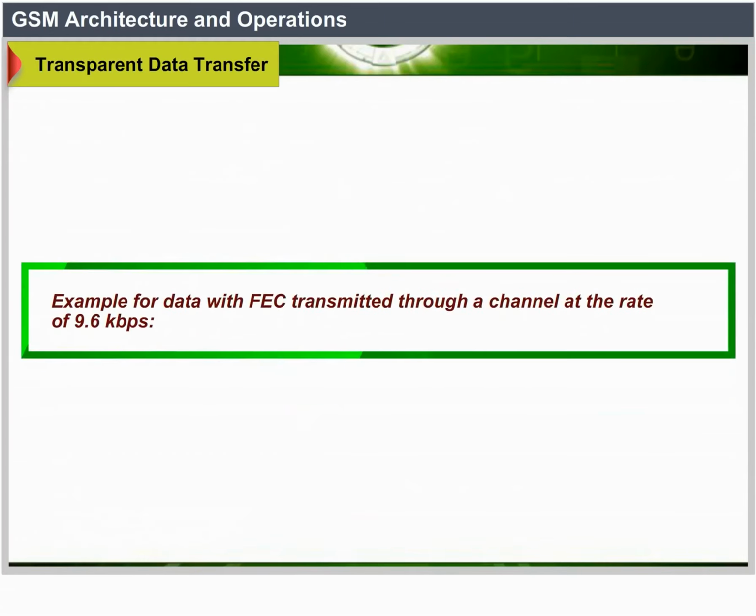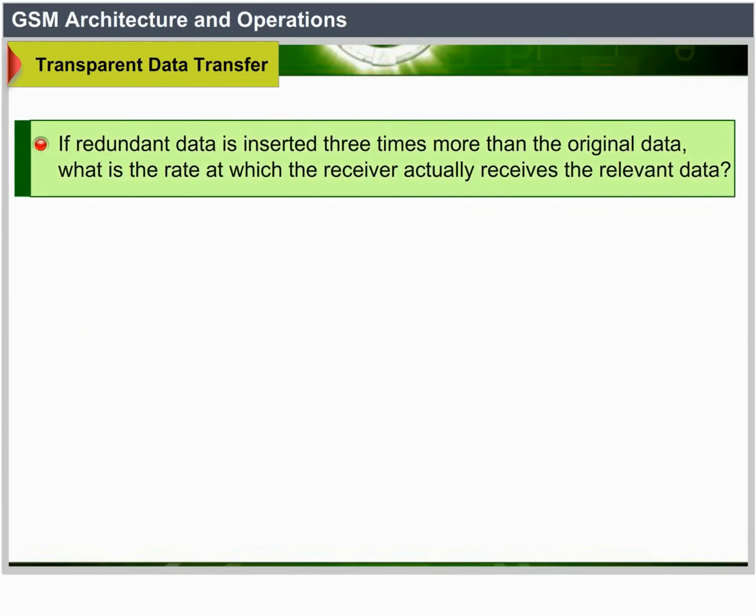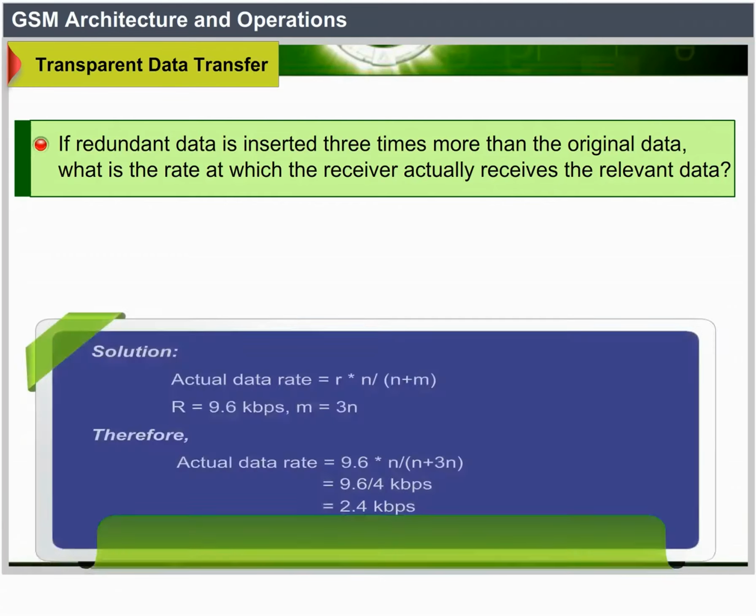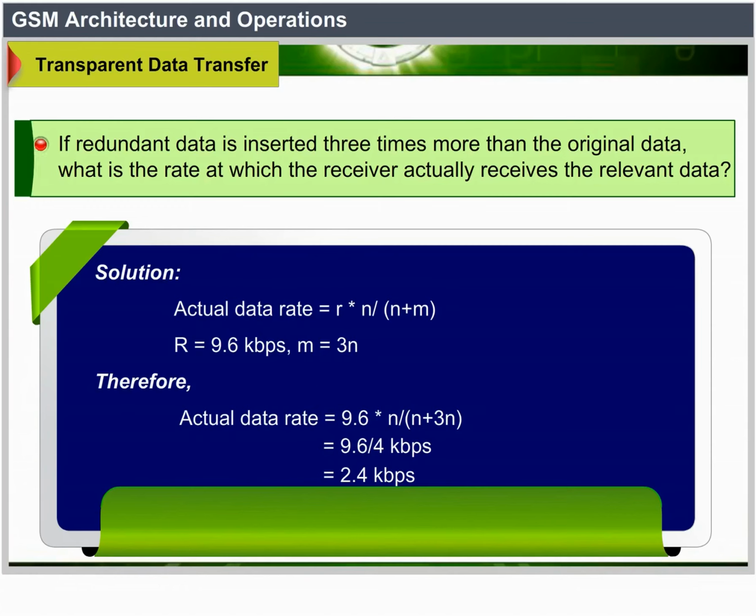Example: data with FEC is transmitted through a channel at the rate of 9.6 kbps. If the redundant data inserted is 3 times more than the original data, what will be the rate at which the receiver actually receives the relevant data? Solution: actual data rate is equal to R into n by n plus m.